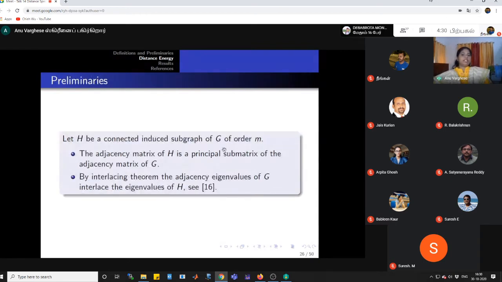This is more interesting. Consider H as a connected graph having a connected induced subgraph G of order m.